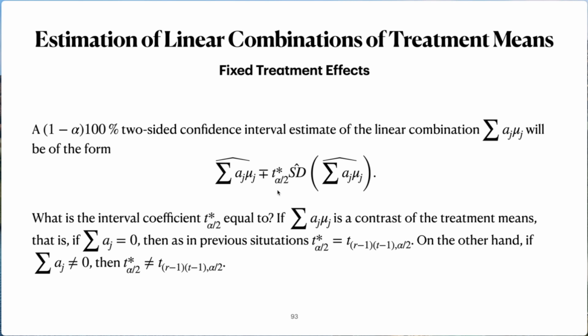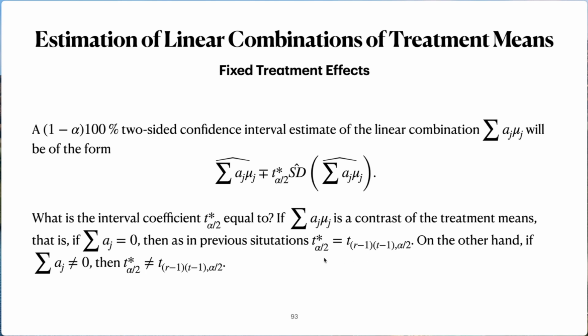As we saw in the previous section, if the linear combination is actually a contrast, where the sum of the a sub j's is equal to 0, then t star sub alpha over 2, the upper alpha over 2 percentage point of this t star distribution, is equal to the upper alpha over 2 percentage point of the t distribution itself with r minus 1 times t minus 1 degrees of freedom.